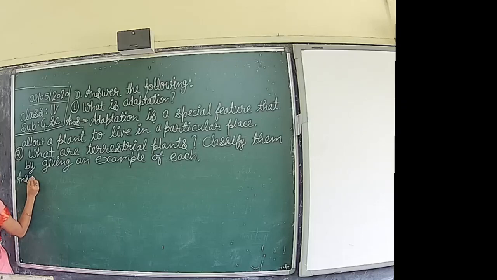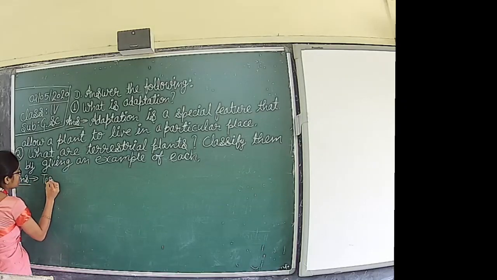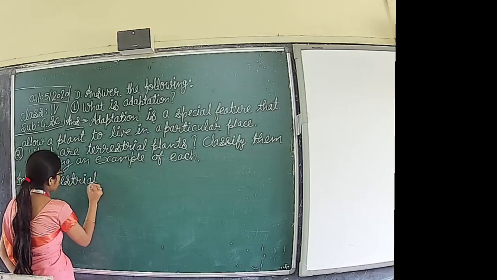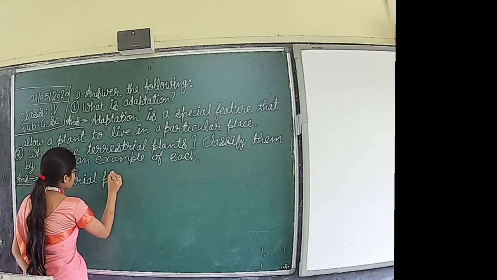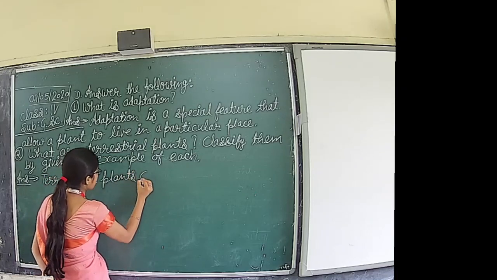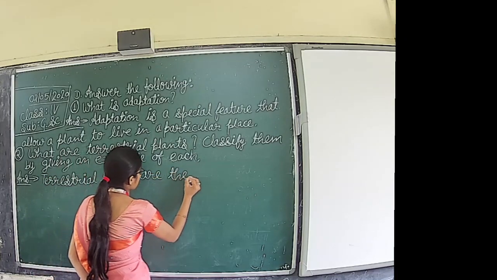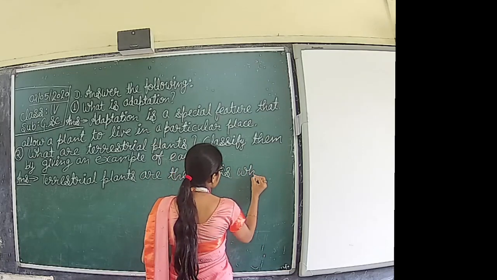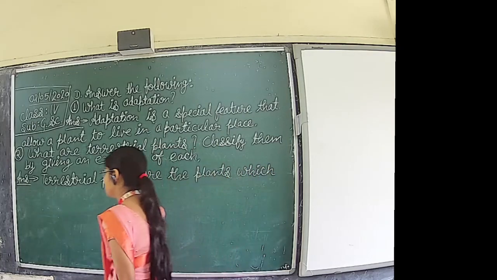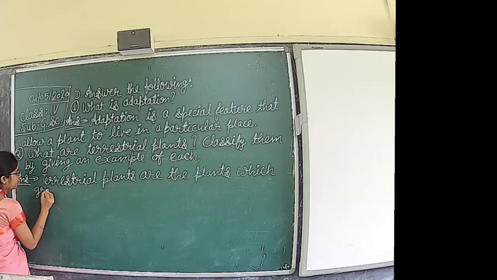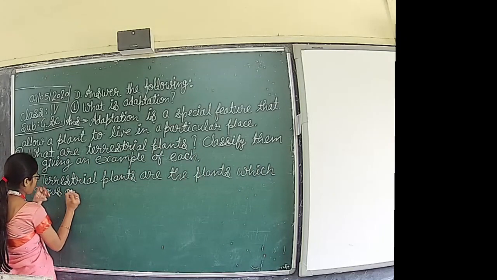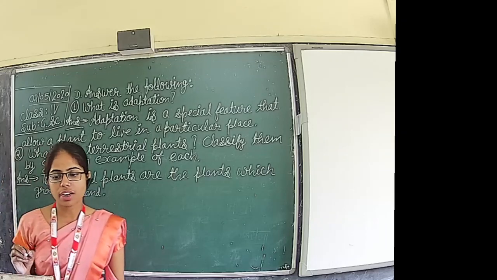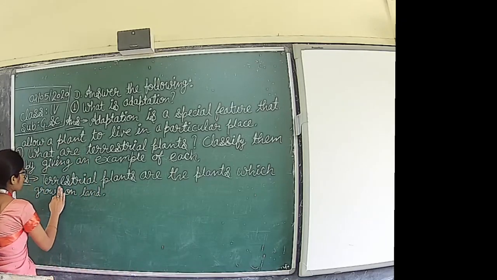Let's write it. Terrestrial plants are the plants which grow on land.